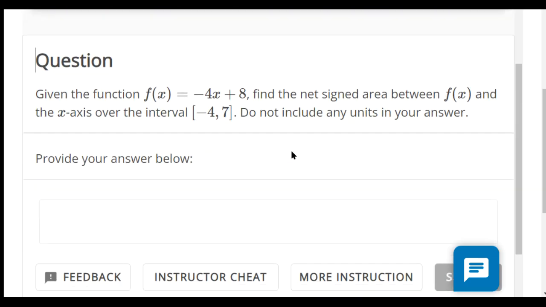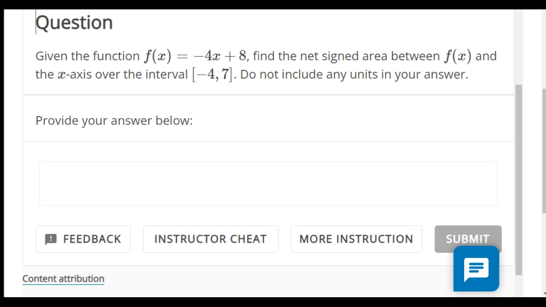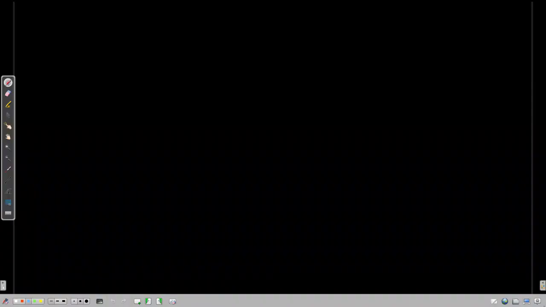Here they want the net signed area, so that means we just let the areas cancel if they stick below the x-axis. That means you can just integrate between the limits without having to do anything special.